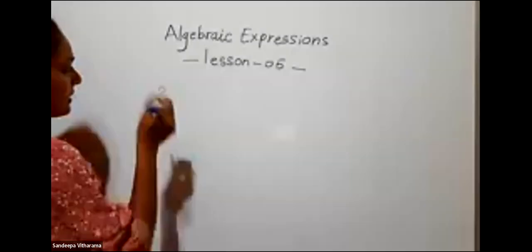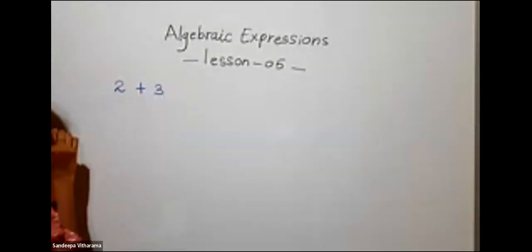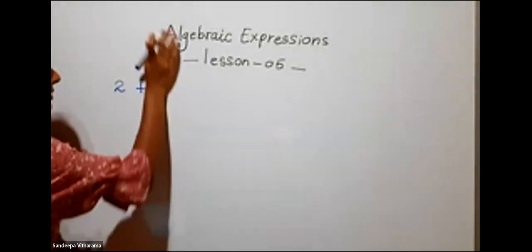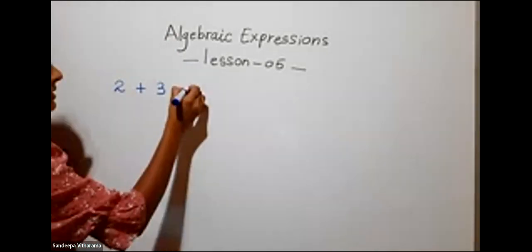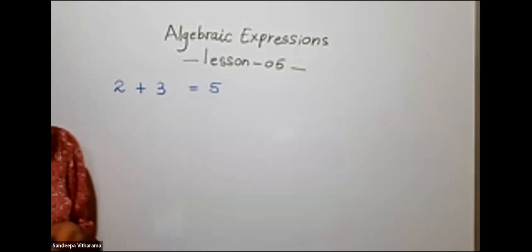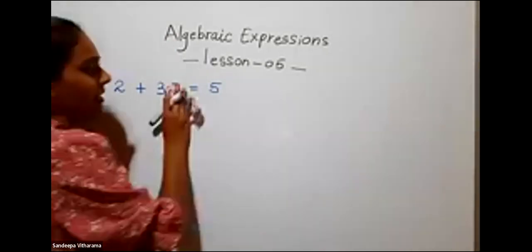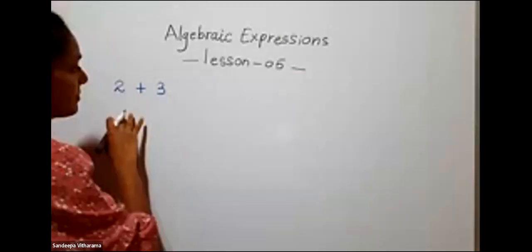For an example, 2 is added to 3. Then you can obtain an answer as 5. But the problem is, here I am not discussing the answer. I discuss the expression.